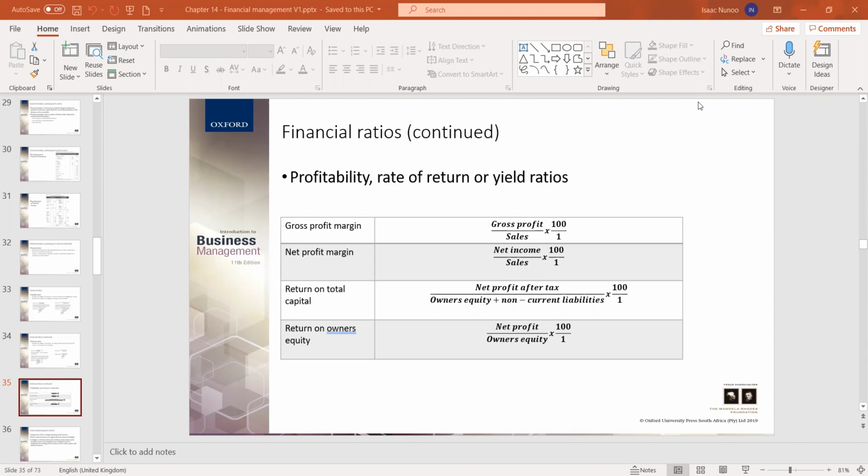We can also talk about the return on owners' equity, which is the net profit over the owner's equity.